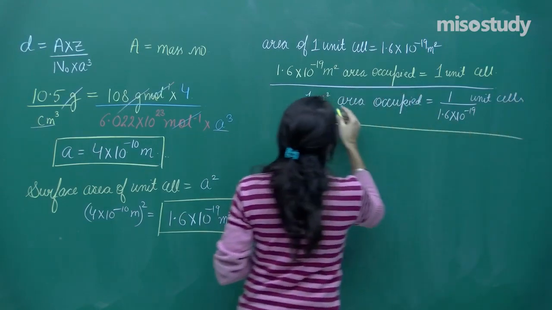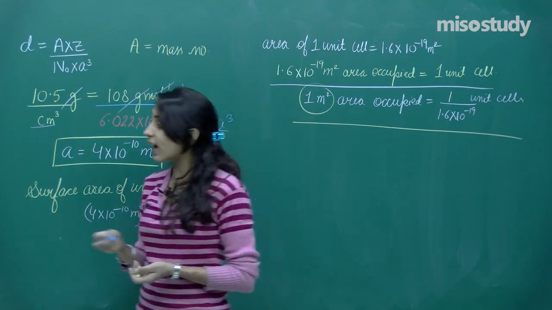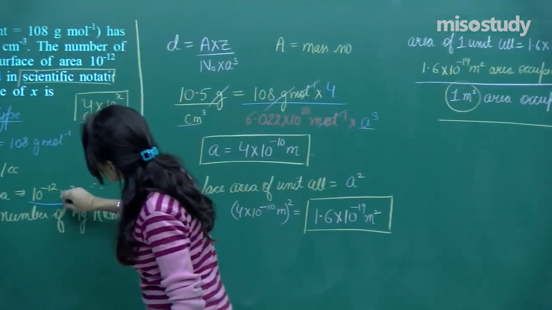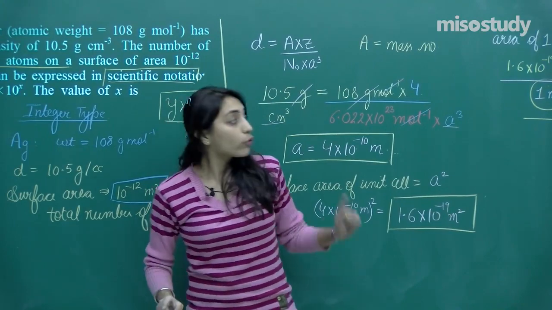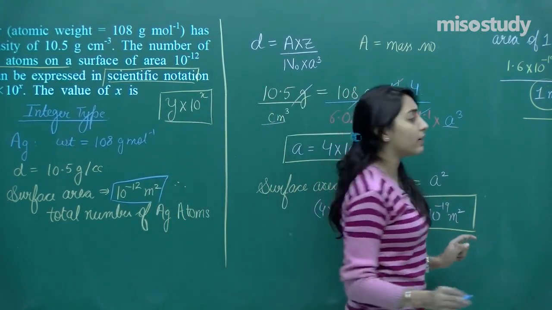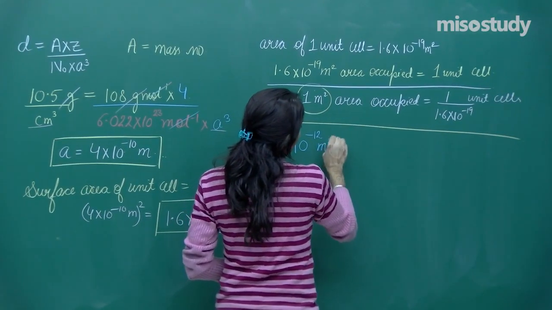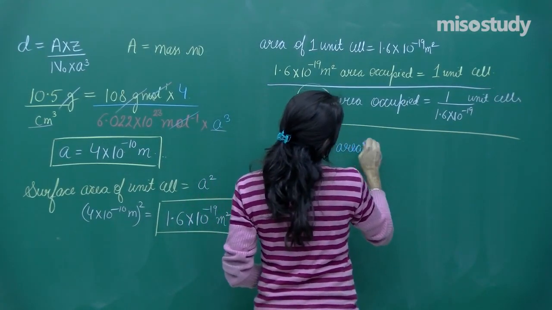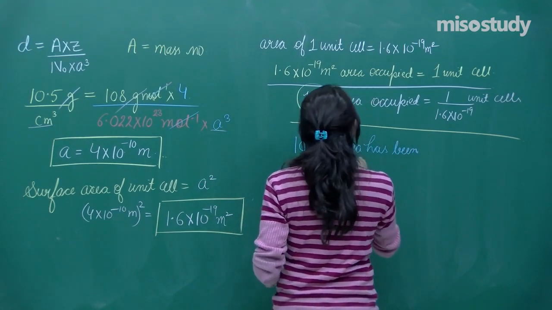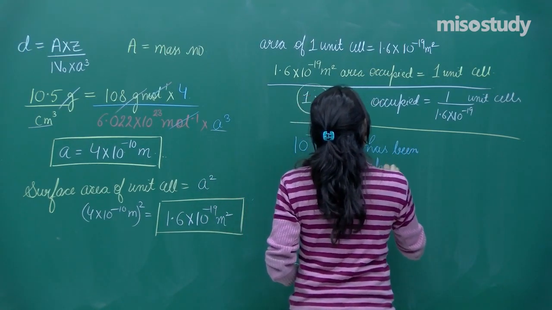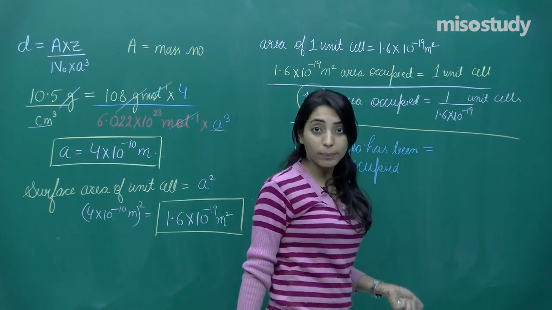But do I have 1 meter square area? No, I do not. How much area do I have? I have a total of 10 raised to the power minus 12 meter square area, right? So if I just use the unitary method, if 10 raised to the power minus 12 meter square area has been occupied, then how many unit cells would be present?